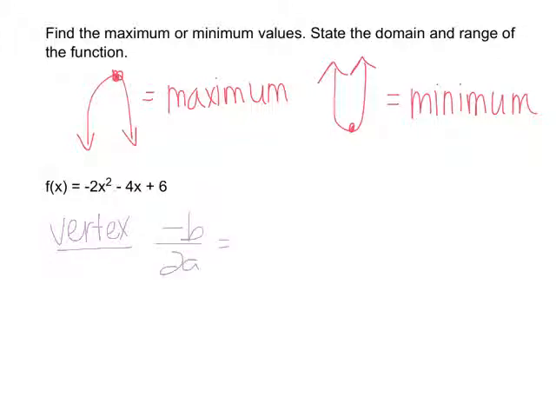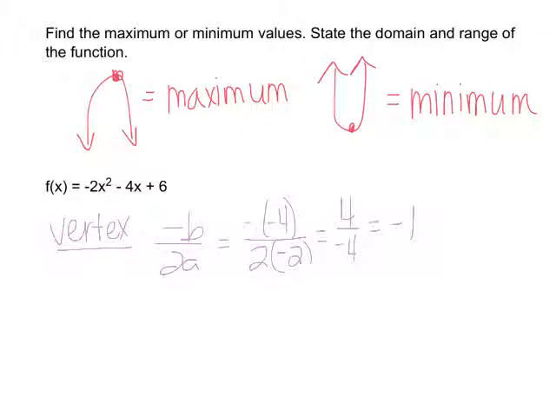So b is already negative 4, so I have negative, and I'm just going to substitute in that negative 4 over 2 times, and a is negative 2. So I'm going to get 4 over negative 4, which equals negative 1. So x is going to equal negative 1.